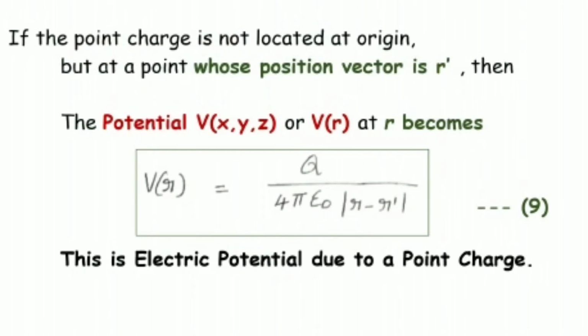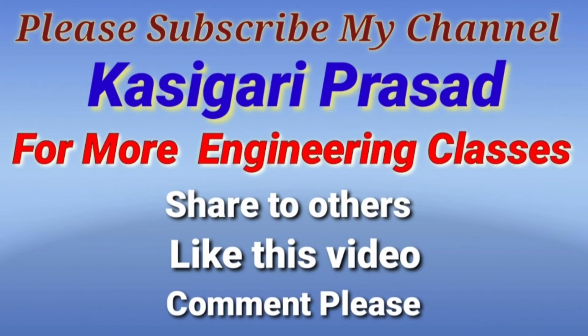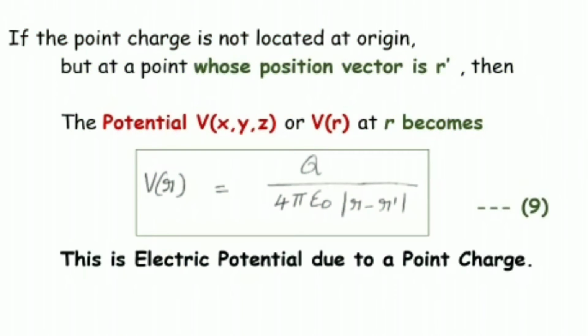If the point charge is not located at the origin but at a point whose position vector is r dash. Now we are considering the other condition, that the point charge is not located at the origin point. That means point A is not at the origin now. Instead of the origin, it is at a point with position vector r dash.